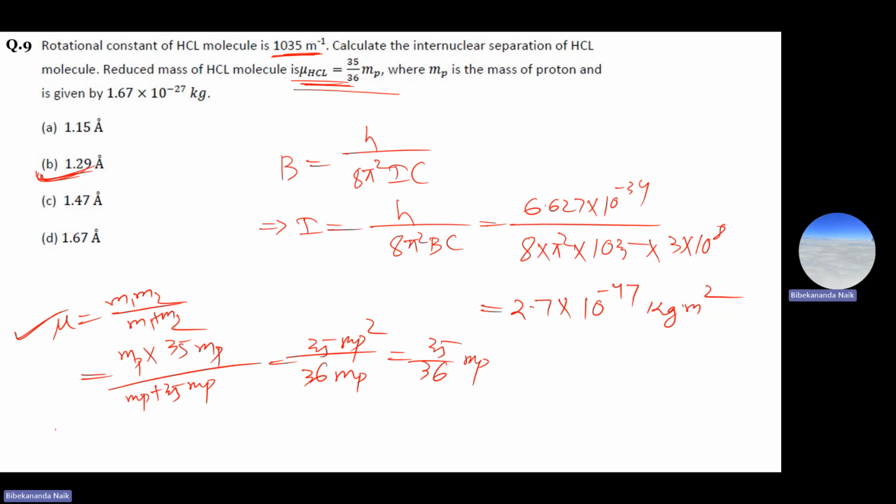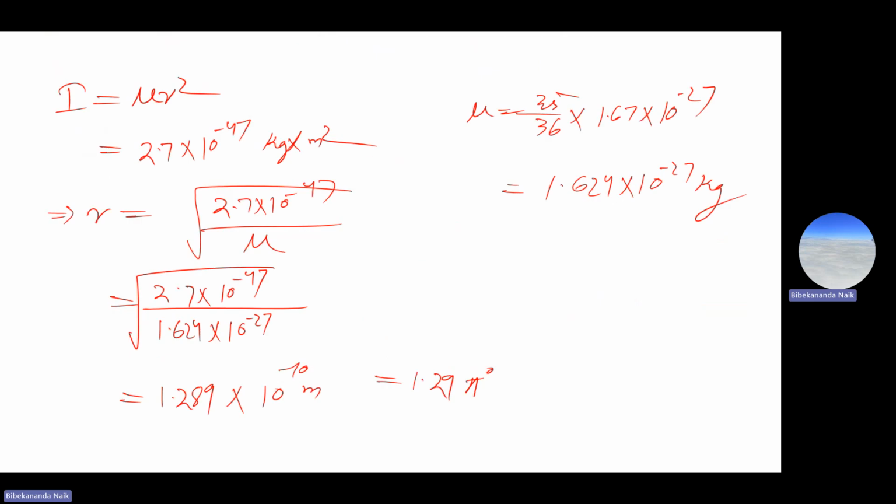From this, we got the value of intermolecular separation as 1.289 × 10⁻¹⁰ meter, or 1.29 Angstrom. Now, in hydrogen chloride, there are H⁺ and Cl⁻, so the bond length is nothing but 1.29 Angstrom. That is the answer. I hope it is clear to all of you.